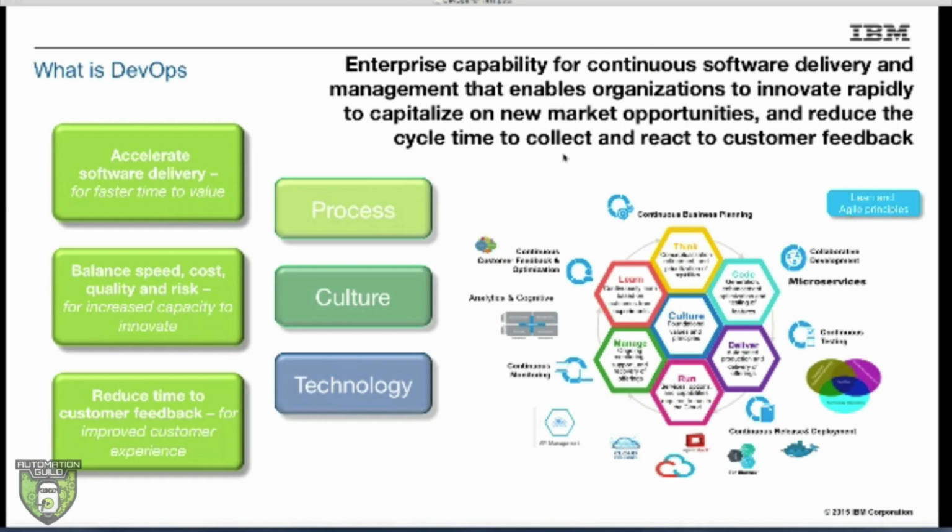As I said, I've been in the industry for 30 years working for IBM, and over that time I've worked in many different jobs, many different responsibilities. And when I started in the company, we used to build things in 18 months. We'd have a list of requirements, we'd build the product, and we'd ship it. And then we'd find out whether or not it had satisfied the customer requirements or was nowhere near what it was required.